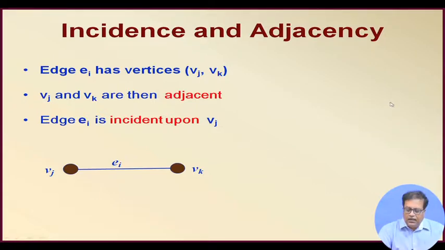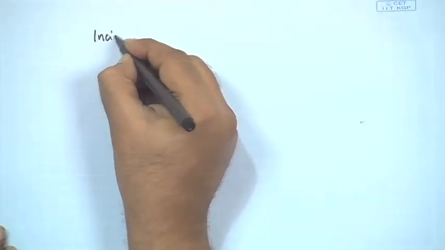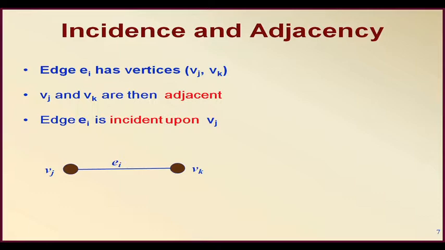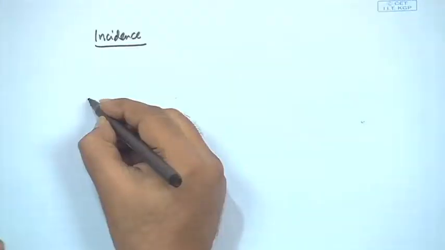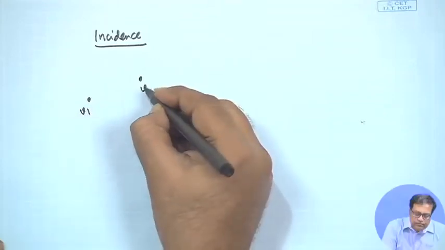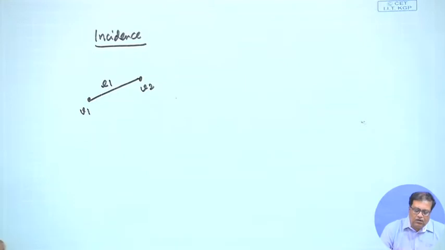Now, comes the next important point about the incidence and adjacency. So, incidence, right. So, what happens? We have a graph, and an edge E1.